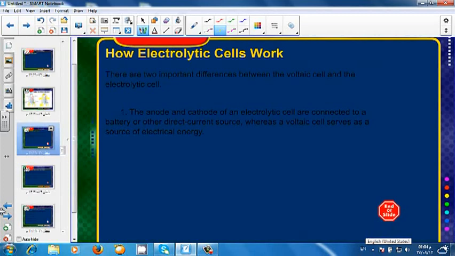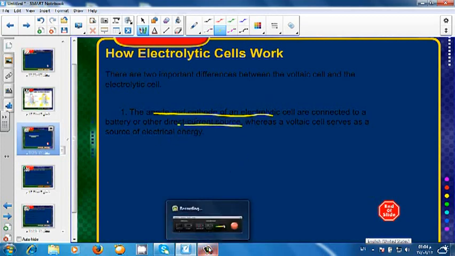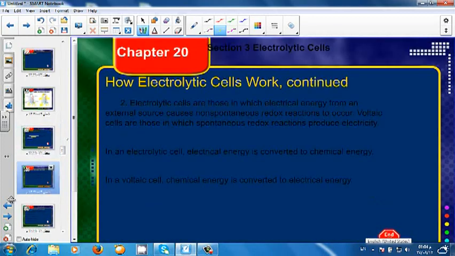There are two important differences between the Voltaic cell and the electrolytic cell. Number one, the anode and the cathode of the electrolytic cell are connected to a battery or an electric source, a direct current source. But the Voltaic cell serves as a source of electrical energy, as we said in the previous slide.